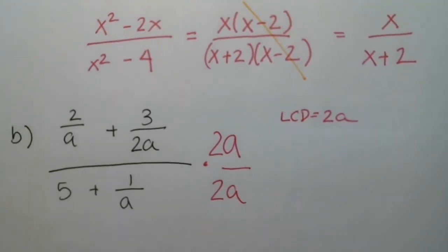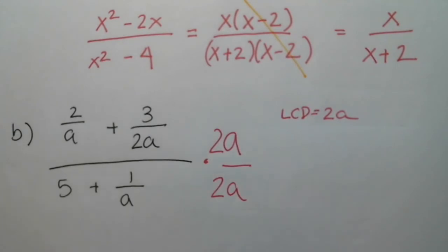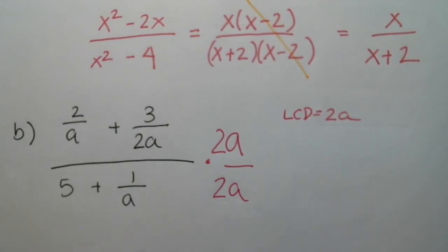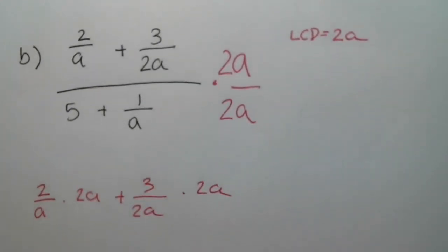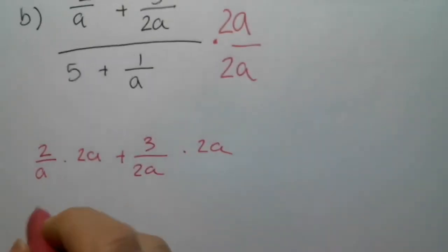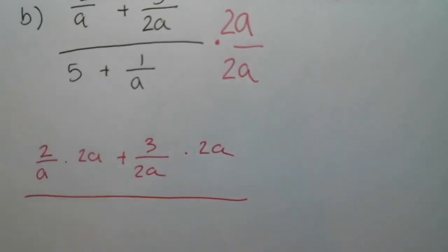Okay, now I'm going to write this out so that we can really see how this is going to work. So I have 2 over a times 2a plus 3 over 2a times 2a, okay, in the numerator. Okay, and then in the denominator, I have 5 times 2a plus 1 over a times 2a.